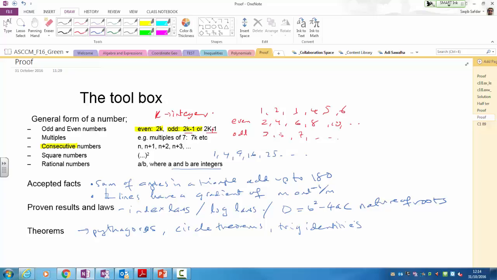Perpendicular lines have a gradient of m and minus 1 over m, i.e. if you multiply them, m1 times m2, you get minus 1. You don't need to prove that, you can assume it's given.